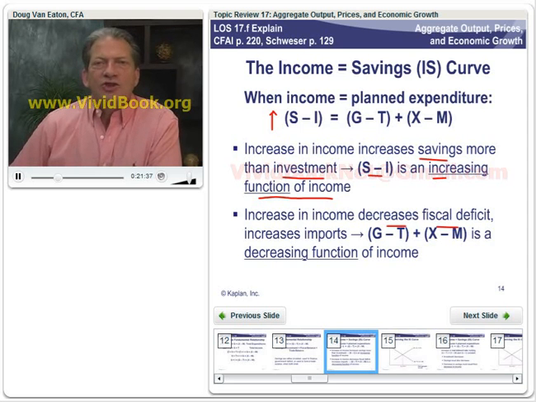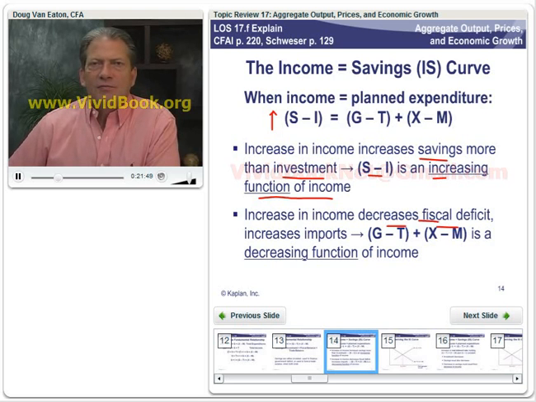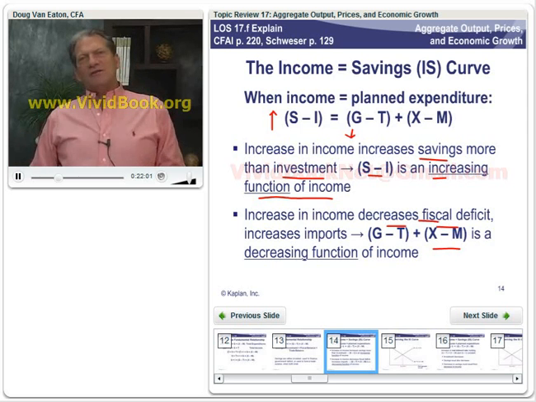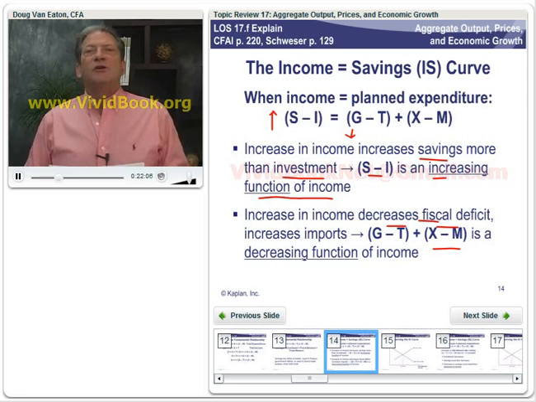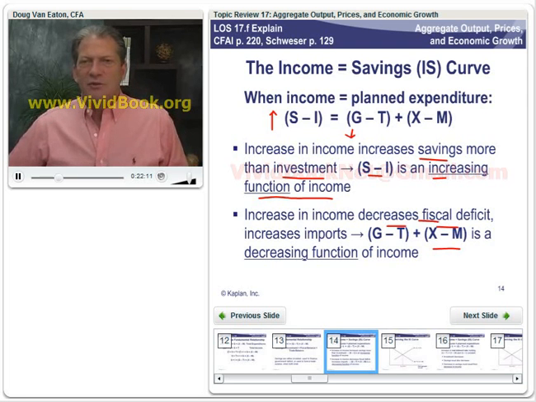We hold G constant, and we see that fiscal deficit is decreased, and exports minus imports, if we look at that whole term and say that's decreasing as well. Okay. So now we've got the left-hand side that goes up with income and the right-hand side that goes down with income. So how are we going to maintain this when incomes change?